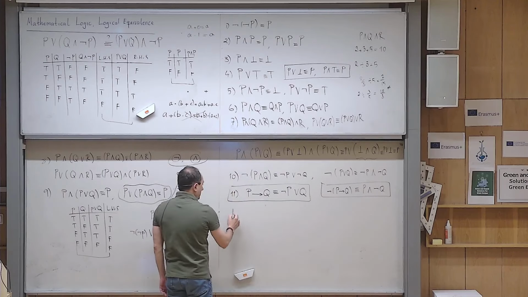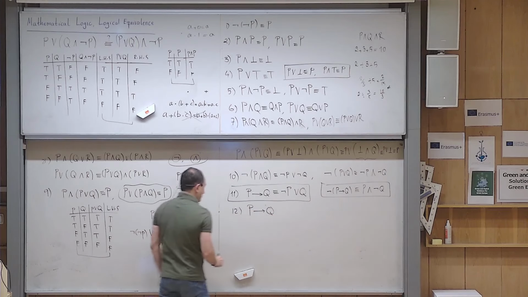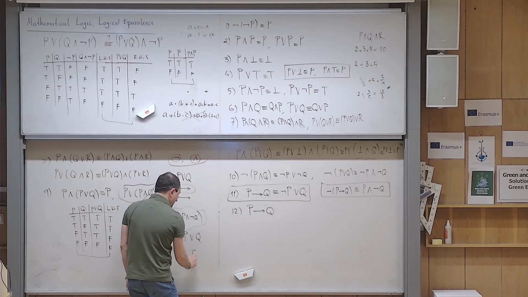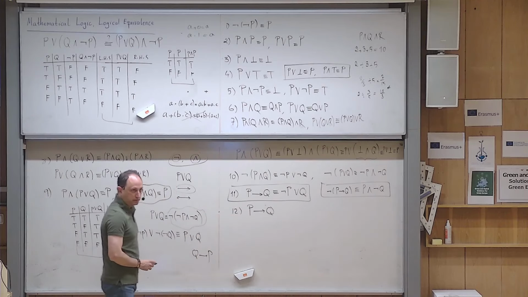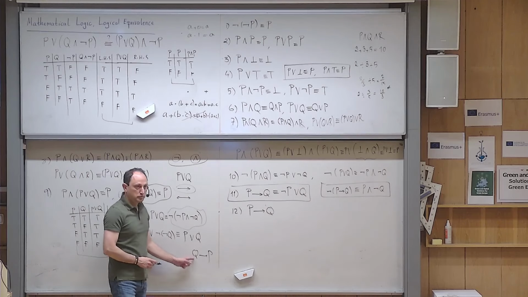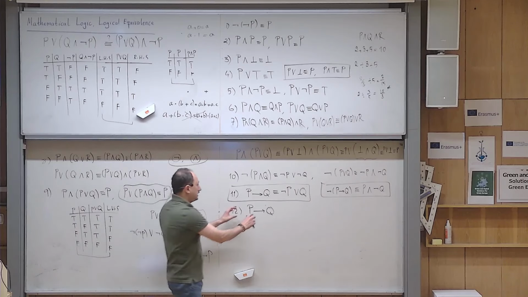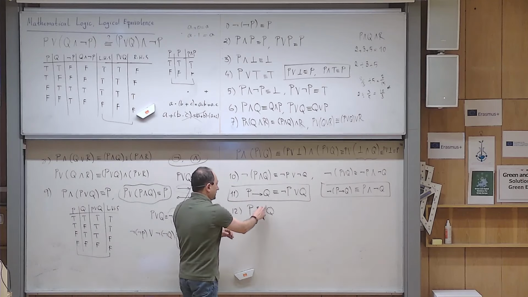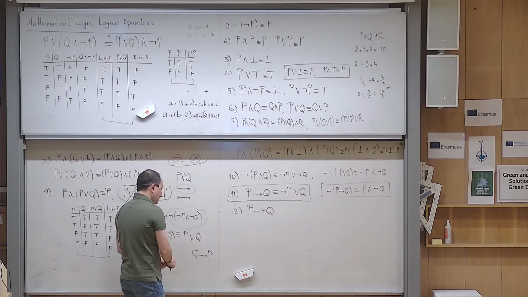So, number 12, if I have a conditional, do you remember, if I just interchange these two, this is not equivalent to this one, yes? What was the name of this, do you remember? If I give you a conditional, and then I write another conditional in which the role of these two is interchanged, then what do you say?